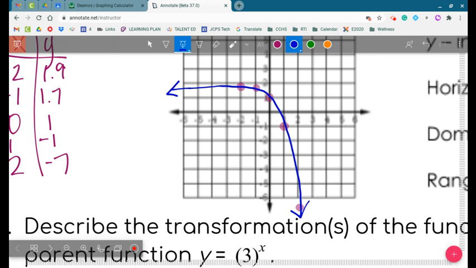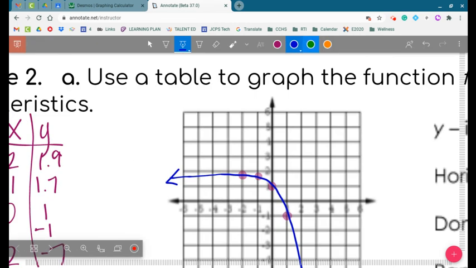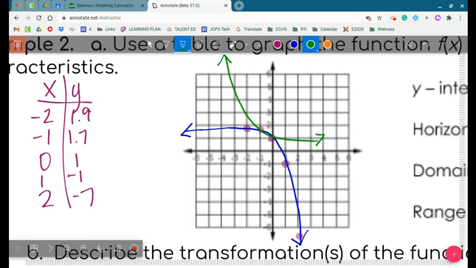So our original line was, I'm going to kind of show you how the shifts happen. Originally it was like this, and then it was reflected, and it became this, and then it was shifted up 2.